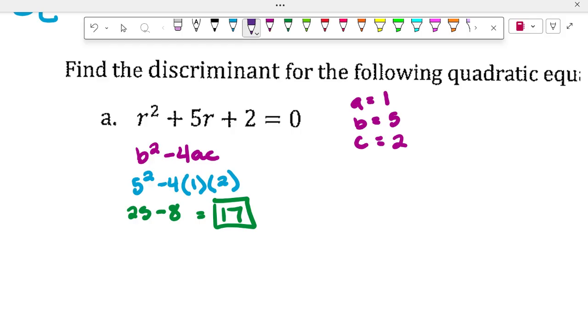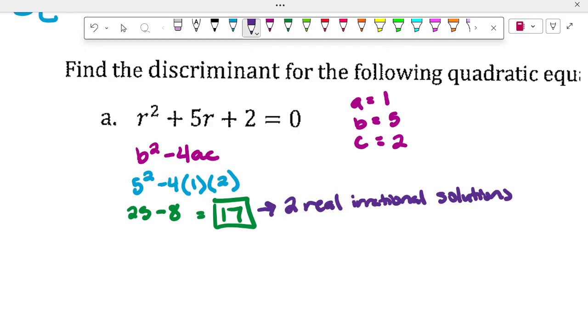So it's 17. What does that say about our solutions? Two real solutions. And will they be irrational or rational? Irrational. 17 is definitely not a perfect square. So we have two irrational solutions.